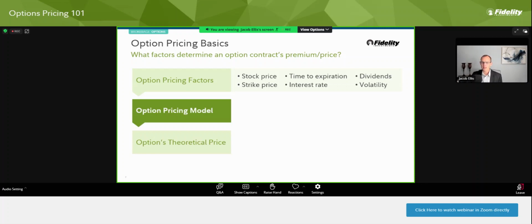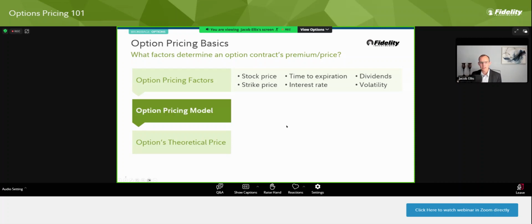But over the course of the last 30 or 40 years, they have become more and more widely accepted and broadly used to the point that you and I, as simple retail traders, can go ahead and take advantage of options to enhance our yields, to protect our portfolios from certain types of risk, or even to speculate in the market. So we have a lot of flexibility available.